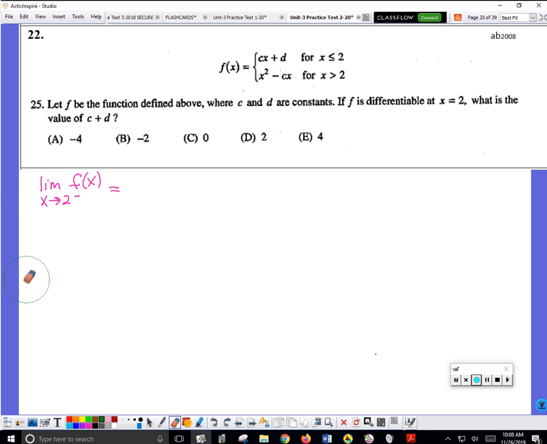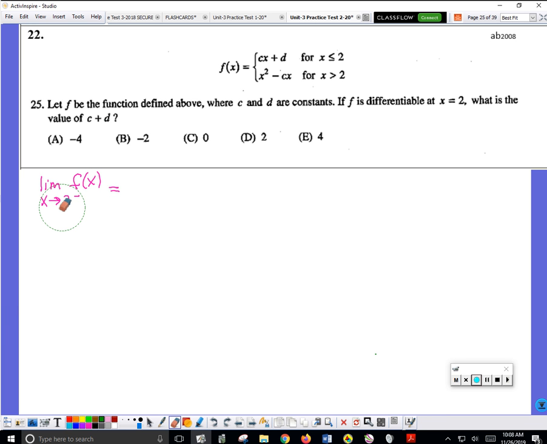Talk to each other, we gotta get more hands. Hands up, who knows? Come on. What is the limit of f as x gets close to 2 from the left?